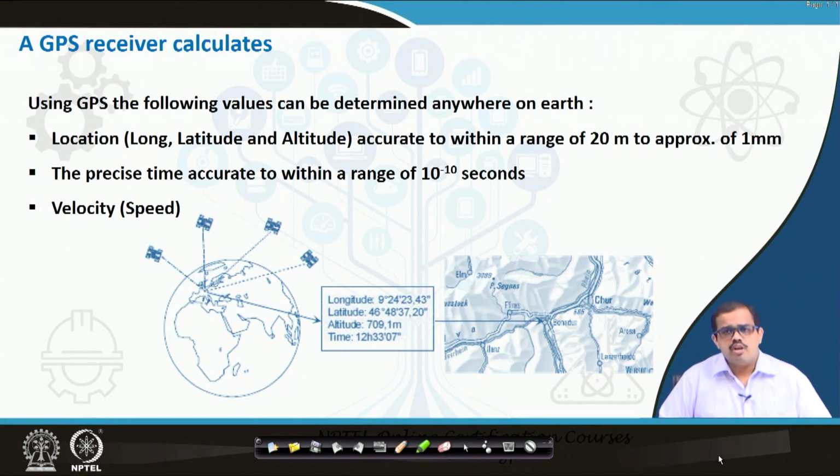Normally, based on the positioning service, the precision is approximately 20 meters to approximately 1 mm. I'll come back to what kind of precise standards they use. In terms of representation, it is almost closer to 10 meters to 20 meters.